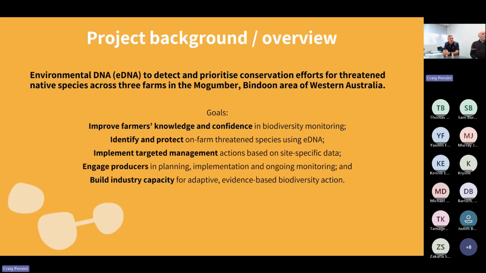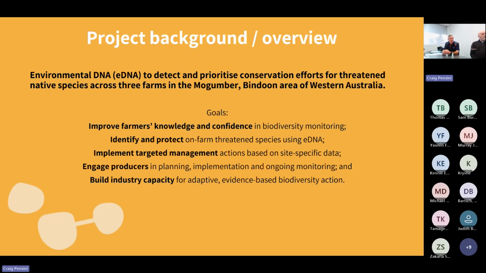So a bit of a project background and overview. This project, as I said, environmental eDNA, is to detect and prioritise conservation efforts for threatened native species across 3 properties or farms in Western Australia in the regions of the Magumba and Bindoon area.